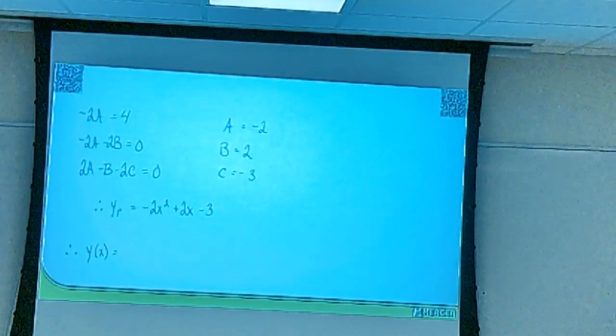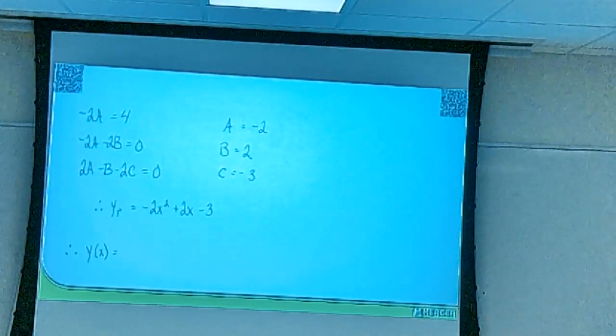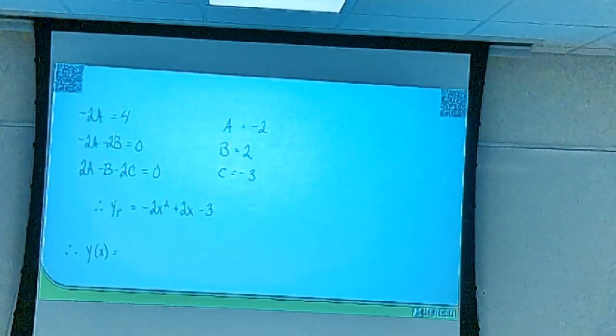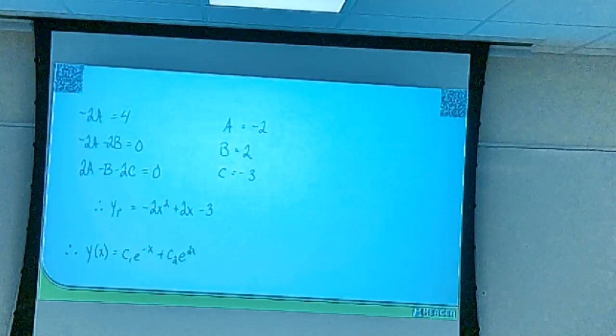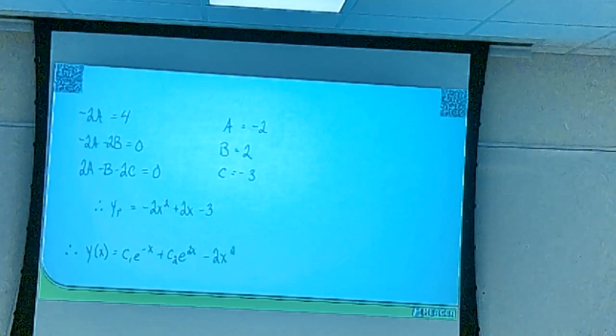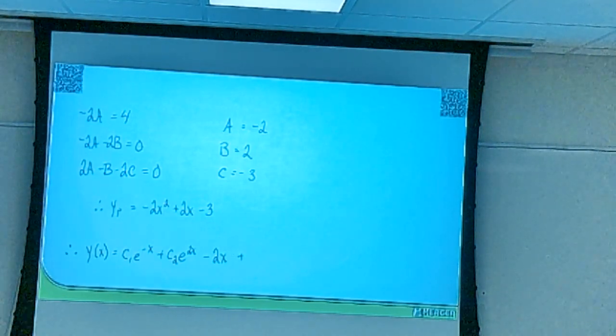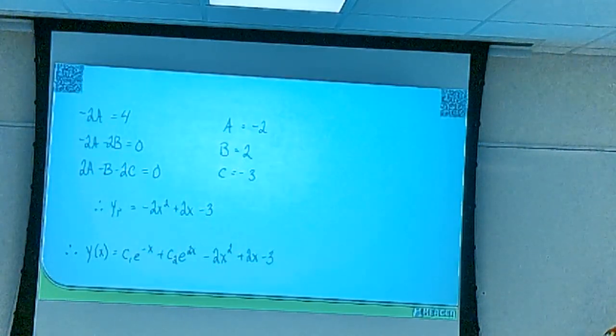Your general solution is the sum. It's the complementary function plus the particular solution. What was the complementary function? And then plus what we just got. There's your general solution.